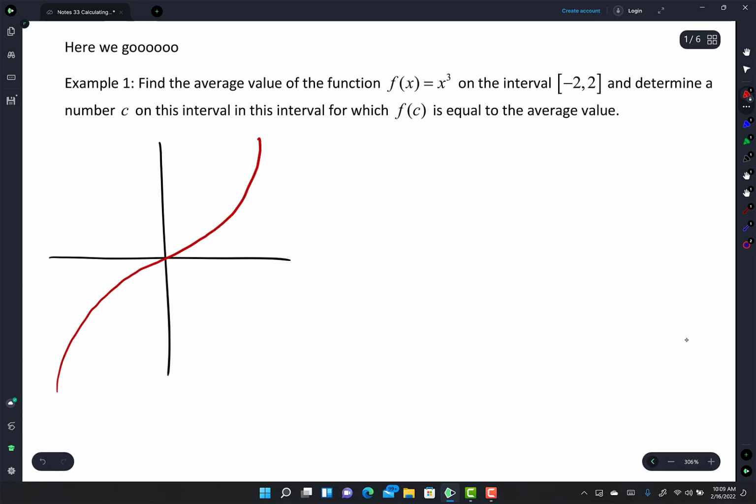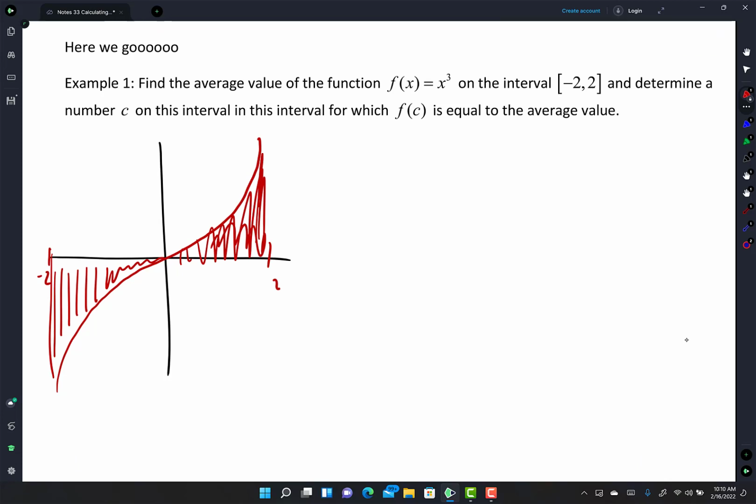Here's -2. So I'm finding all this area. Here is 2. And I'm finding all this area. And what do we notice about those areas? They cancel each other out because they're the same magnitude. One's negative, one's positive. So the average value is 0.